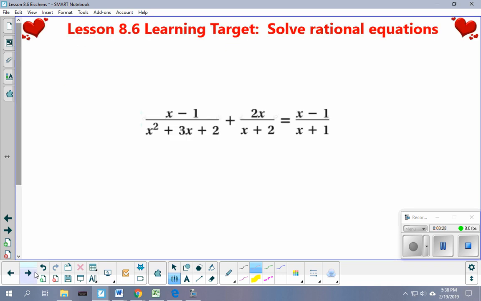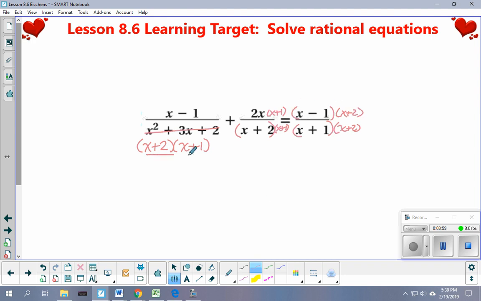So here's another example. First of all, again, let's factor the denominator. x plus 2, x plus 1. And now let's look at each term and get the common denominator. So this has the x plus 2, so we're going to have to multiply by x plus 1 over x plus 1. And here we have x plus 1, so we'll multiply by x plus 2 over x plus 2.